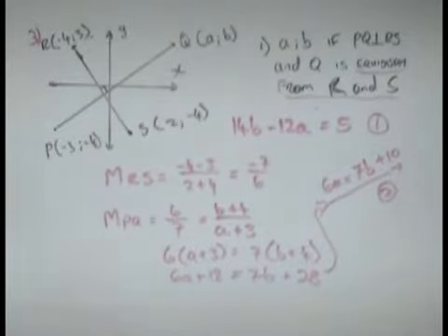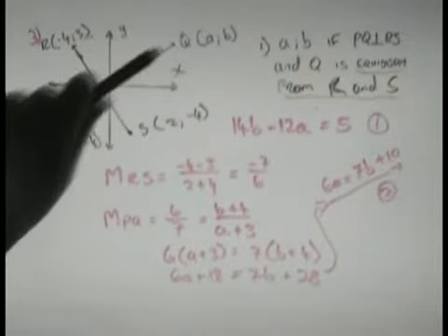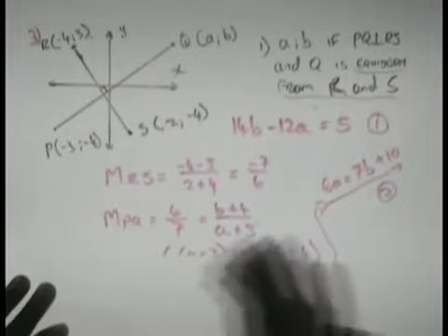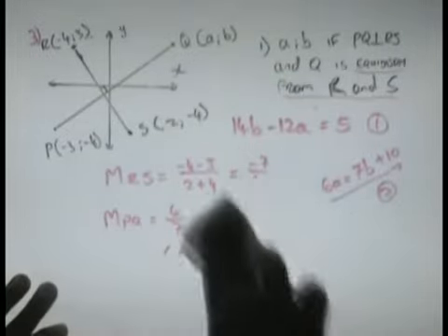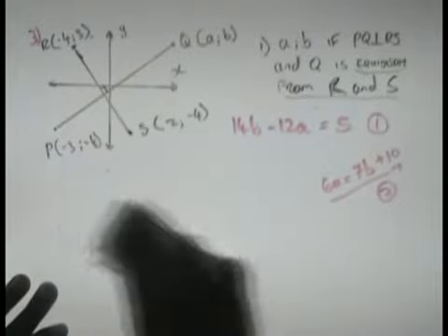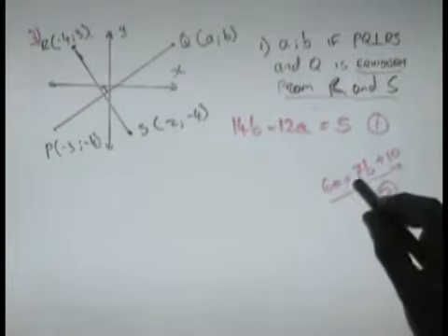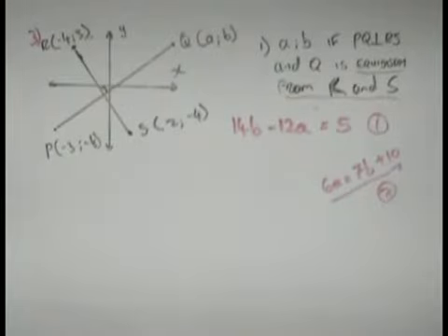Remember, I got to this using the gradient of the one being the opposite gradient of the other. Now, what I'm going to do is use these two equations simultaneously to get my values of a and of b. Here I've got 6a is equal to 7b plus 10.